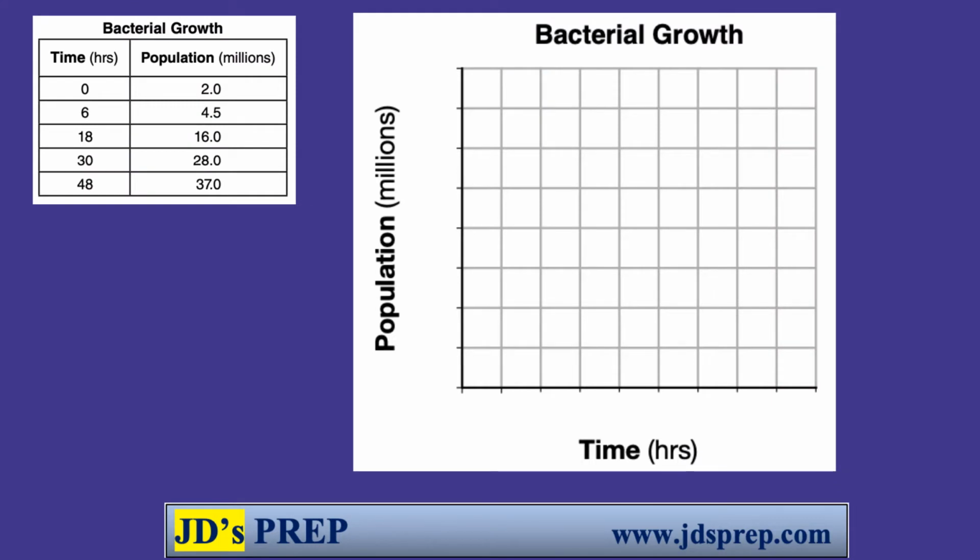First we're asked to set up an appropriate axis. When you're asked to do that, it's always best to look at the data points and the data range that you have. We have 0 to 48 for the x-axis, and we are given 9 squares along the bottom of this grid in order to plot those appropriately.